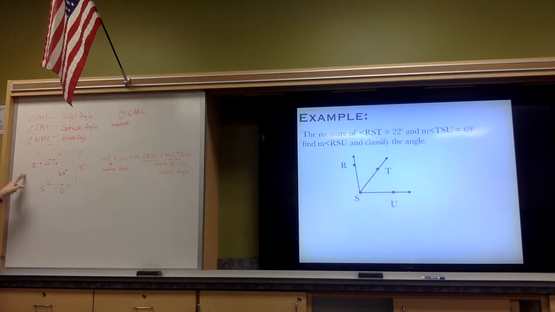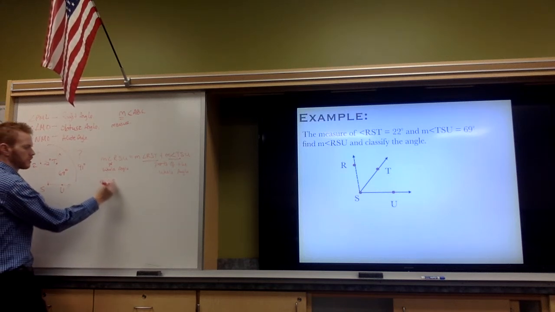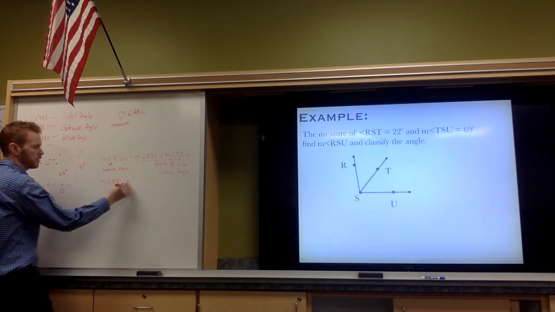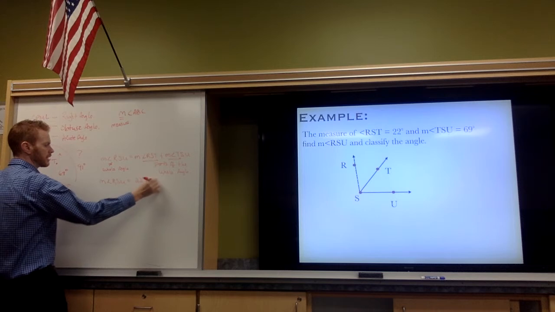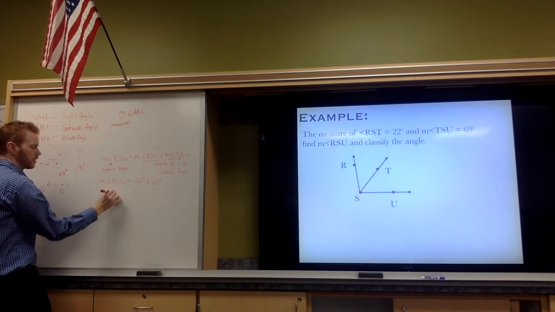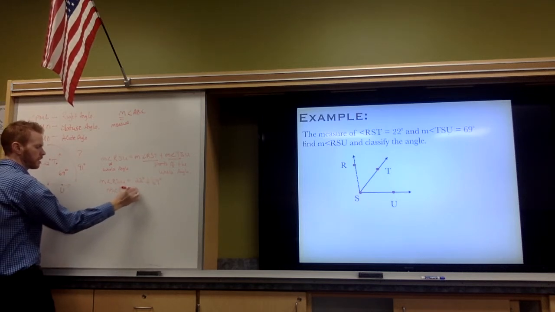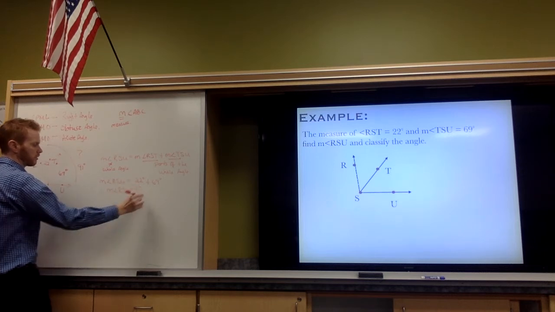Okay? So just do some substitution. I don't know what the whole angle measurement is. RST is 22 degrees. This guy is 69 degrees. So to finish it up, if I add them up, I get 91 degrees.